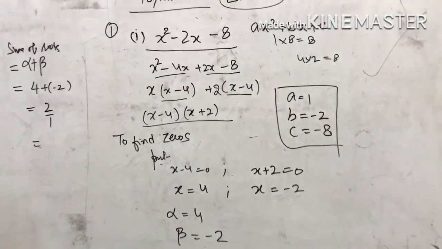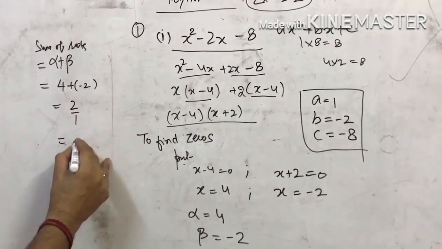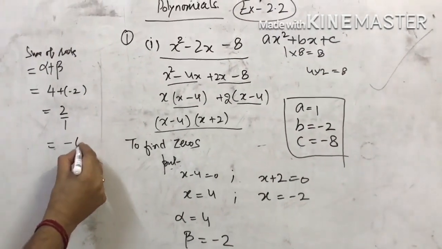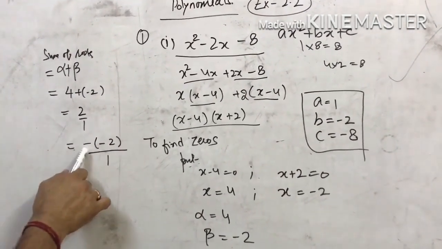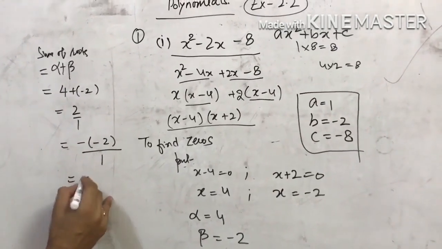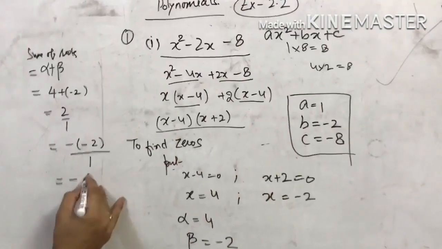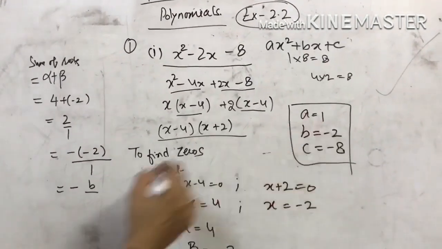So how you can write this? You can write it like this. Minus minus is positive 2, so no problem. But why we are doing it? Because minus we want, and minus 2 is the value of b. So you can put b in place of minus 2, and a is 1.